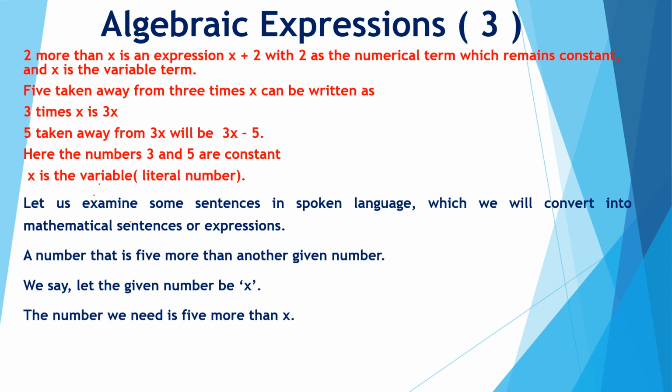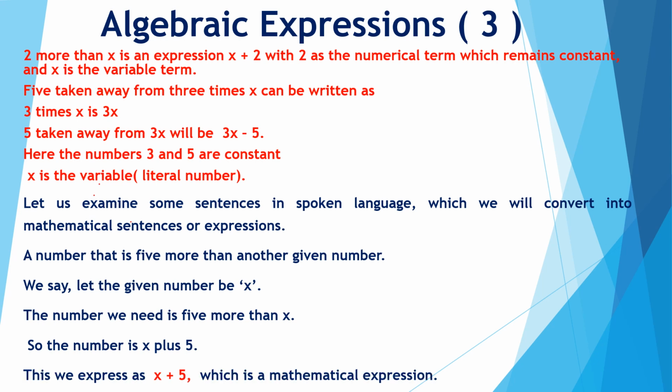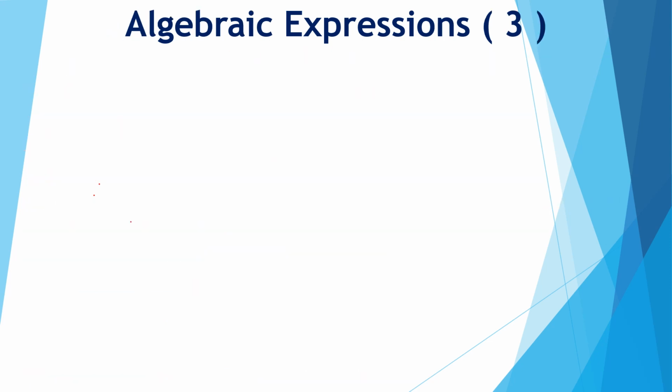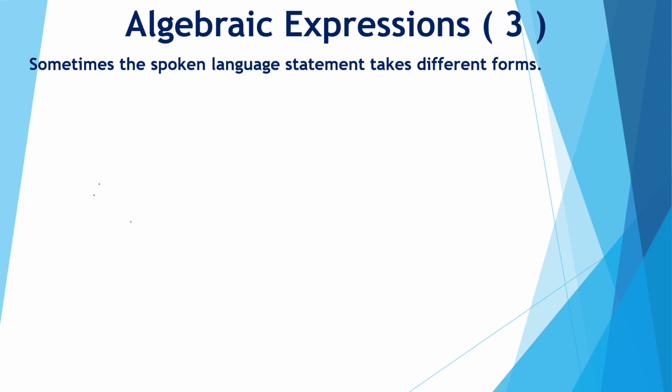Now 5 more than x will be x plus 5. So we can write this as x plus 5, which is the mathematical expression corresponding to the English sentence. Sometimes the spoken language statement takes different forms.